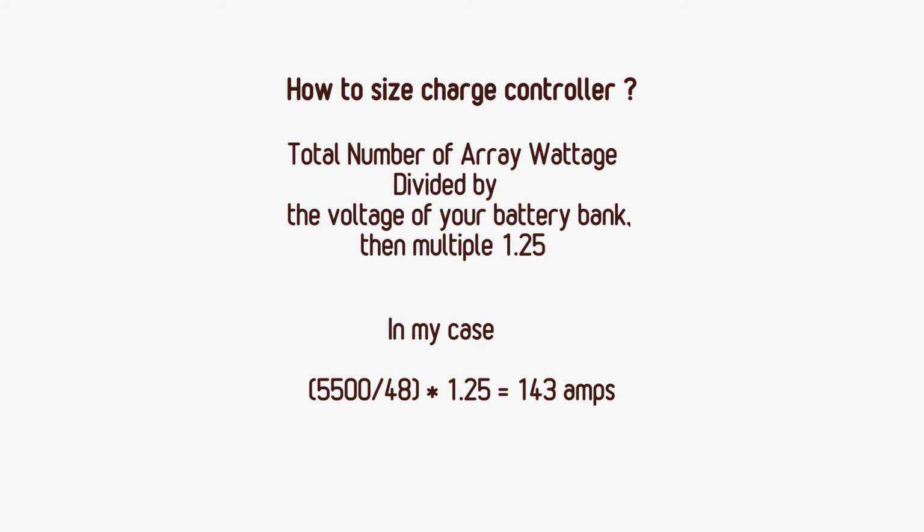Because I'm doing a residential solar installation, I'm trying to make these pieces as modular as possible so that if one charge controller goes down, I'm not completely dead in the water. I'm still charging my batteries with the other set, and then I could go get another charge controller and add it onto my system.